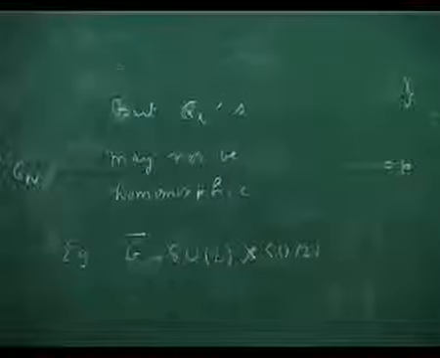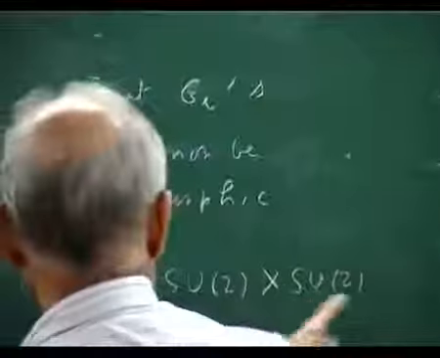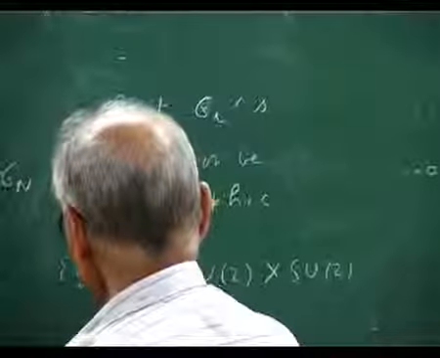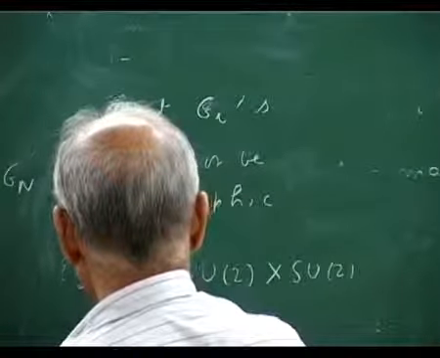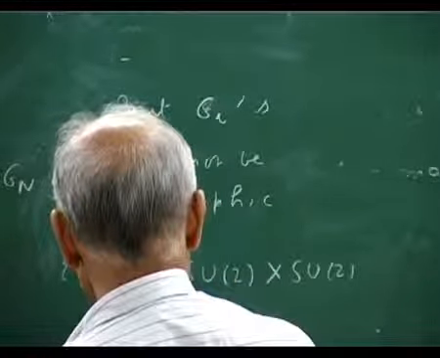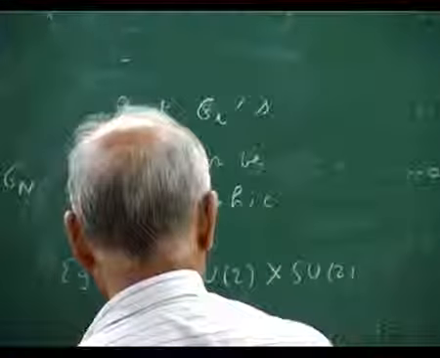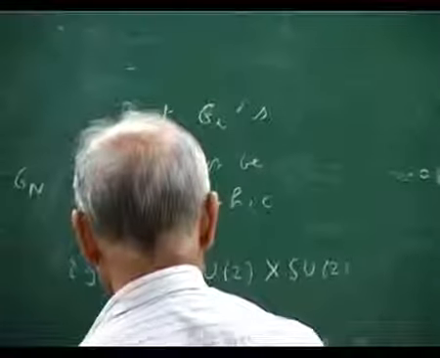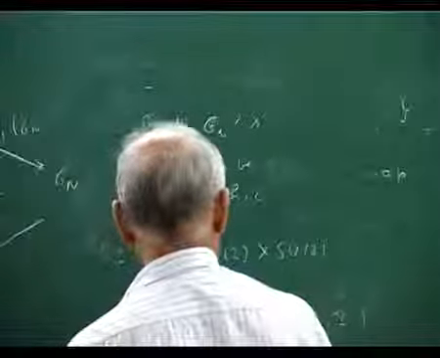Here, the center of this group is (1,1), (-1,1), right? (1,-1), then you get (-1,-1).